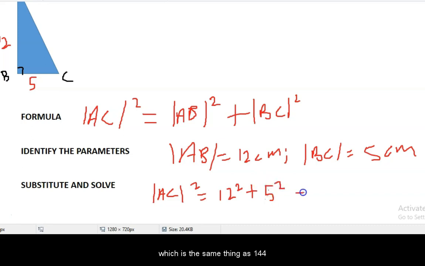Which is the same thing as 144 plus 25, which again translates to 169.